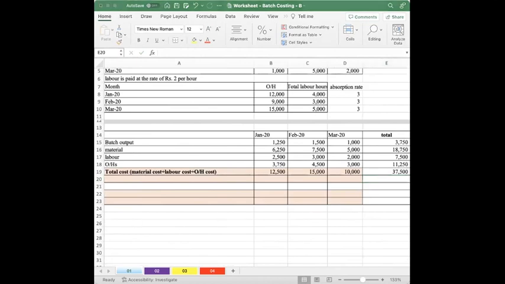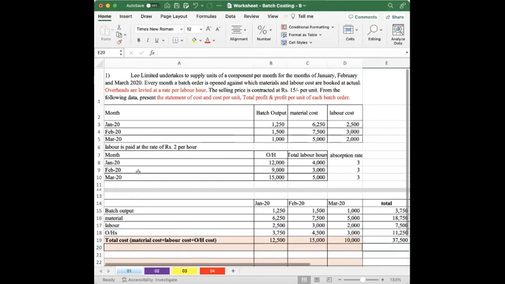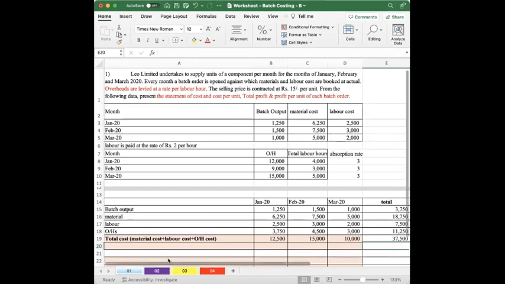Okay. Now, this is the statement of cost. We found the total cost for each month as well as the total cost for all these 3 months.